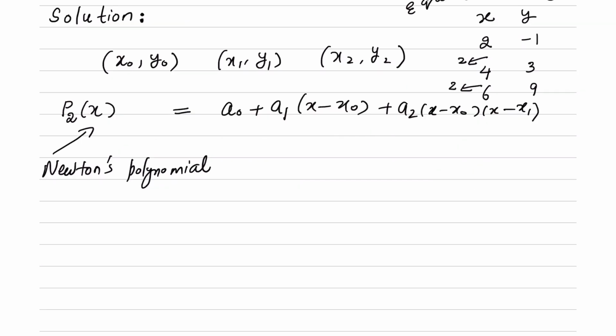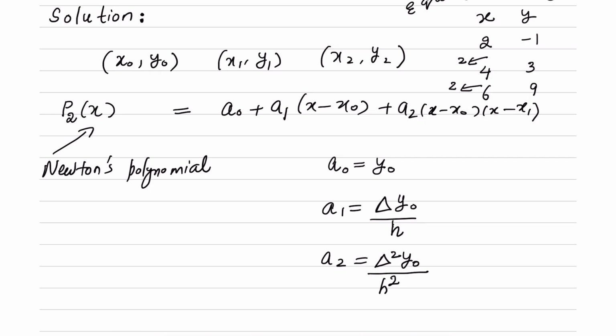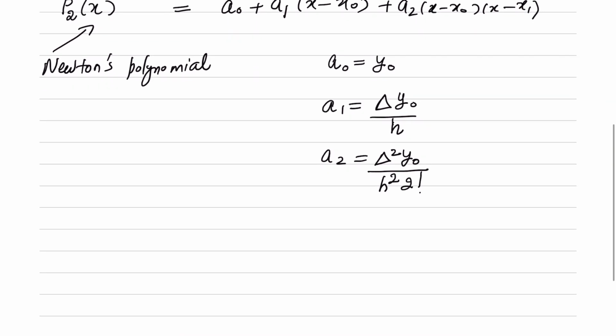Now let's write this Newton's polynomial in forward difference operator form. So we have to put A0, A1, A2 in forward difference notation. We know that A0 in forward difference notation is just y0. A1 is forward difference y0 over h, and A2 is forward difference square y0 over h power 2 factorial. Let's plug A0, A1, A2 in forward difference notation in the polynomial.